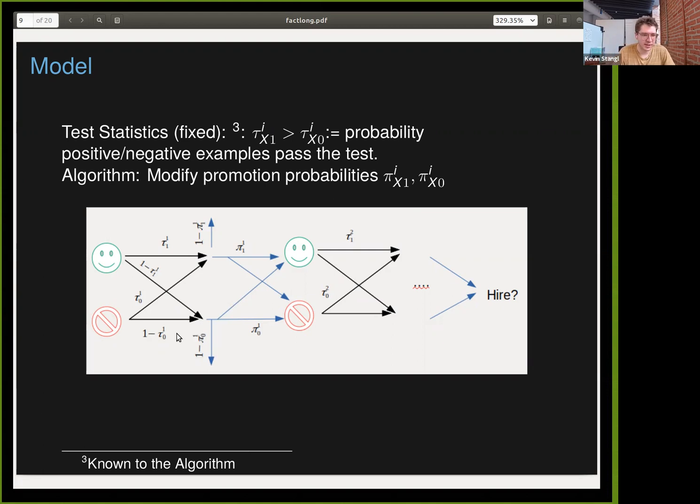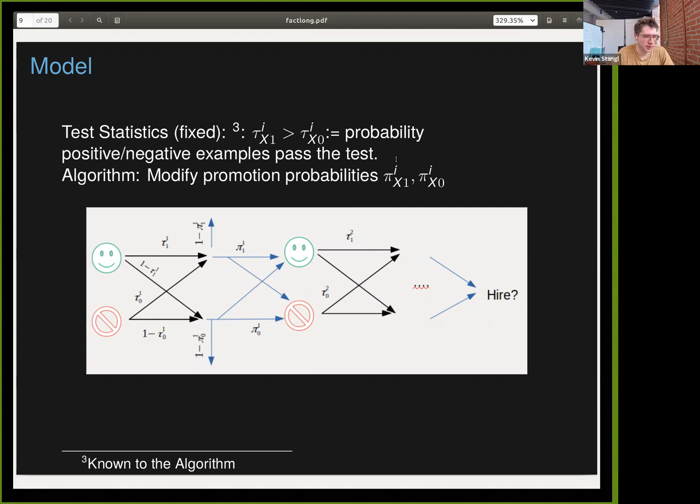There's no chance they can get to the end. There are many ways to get through the pipeline: you can pass a test, get promoted, pass more tests, or you can fail and get promoted anyway.